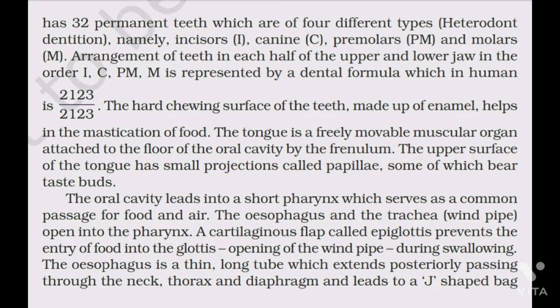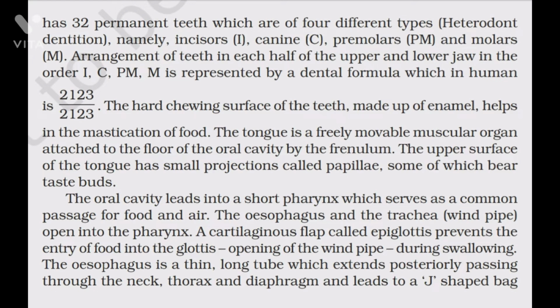The oral cavity leads into a short pharynx which serves as a common passage for food and air. The esophagus and the trachea, windpipe, open into the pharynx. A cartilaginous flap called epiglottis prevents the entry of food into the glottis, opening of windpipe, during swallowing.